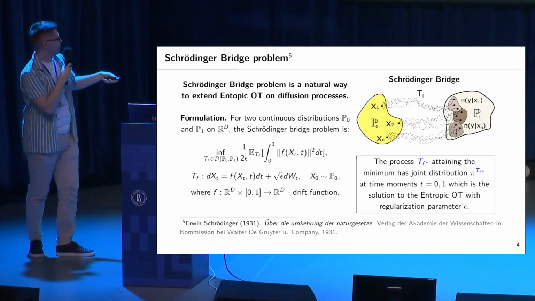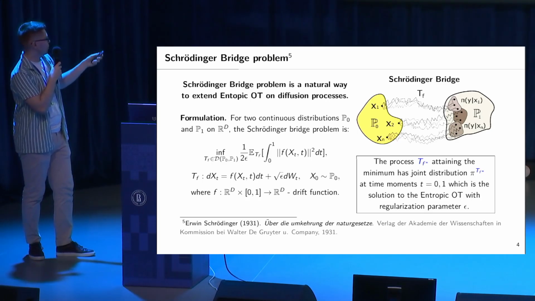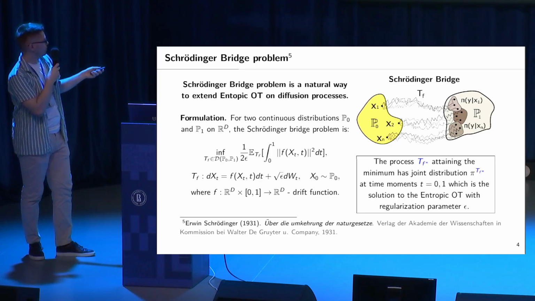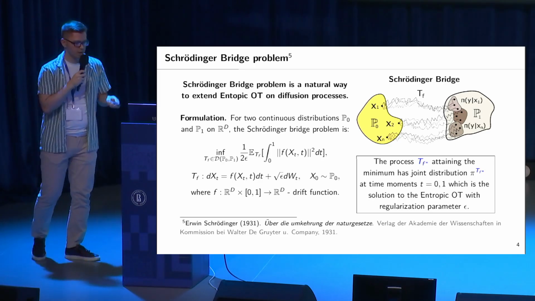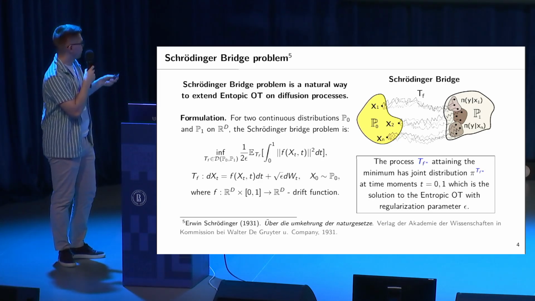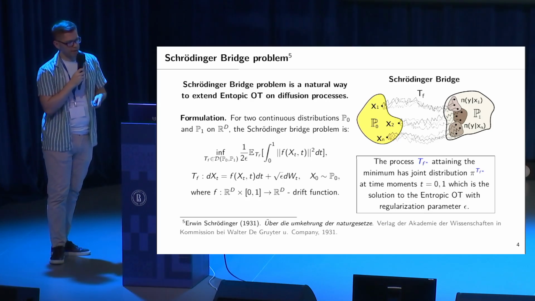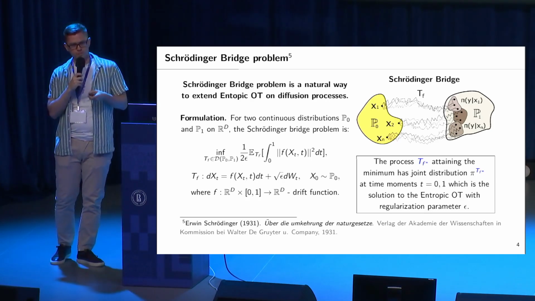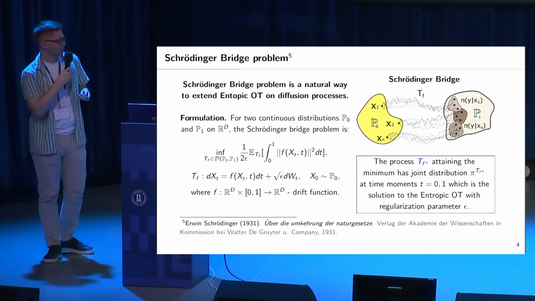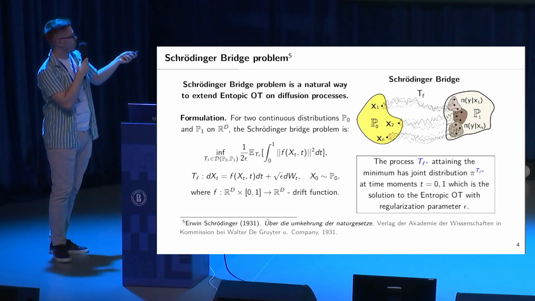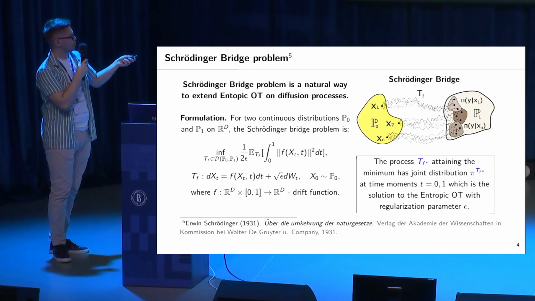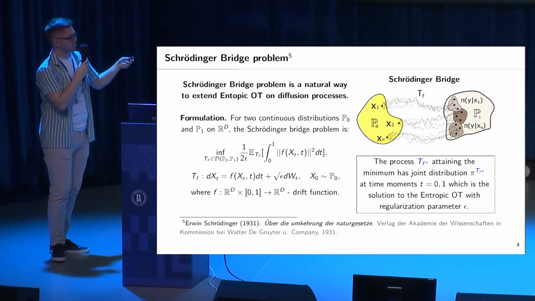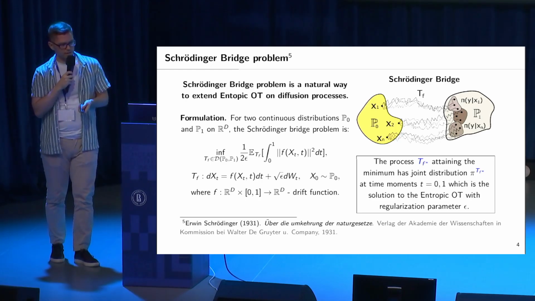And also we have the differential of the Wiener process multiplied by the coefficient square root of epsilon, which again will define how diverse our map will be. So again, we will map distribution P0 into distribution P1 with some stochastic process T_f.